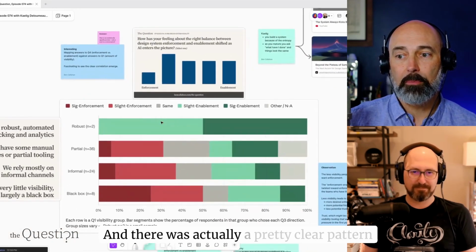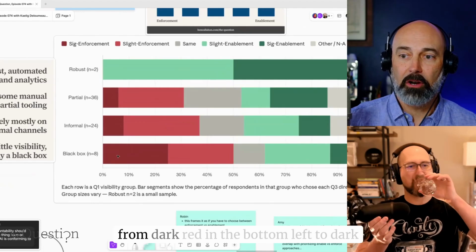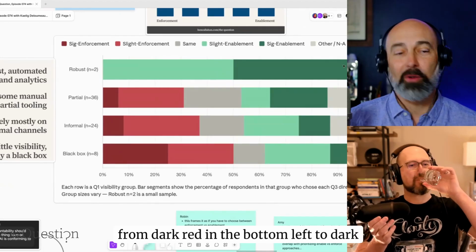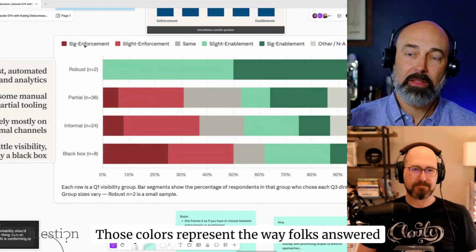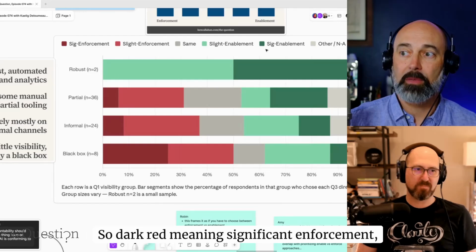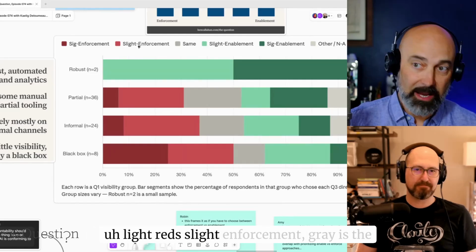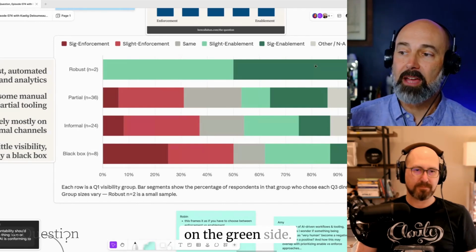And there was actually a pretty clear pattern that emerged, which you can kind of see going from dark red in the bottom left to dark green in the top right. Those colors represent the way folks answered that enforcement versus enablement question. So dark red meaning significant enforcement, light red, slight enforcement, gray is the same, and then out to significant enablement on the green side.